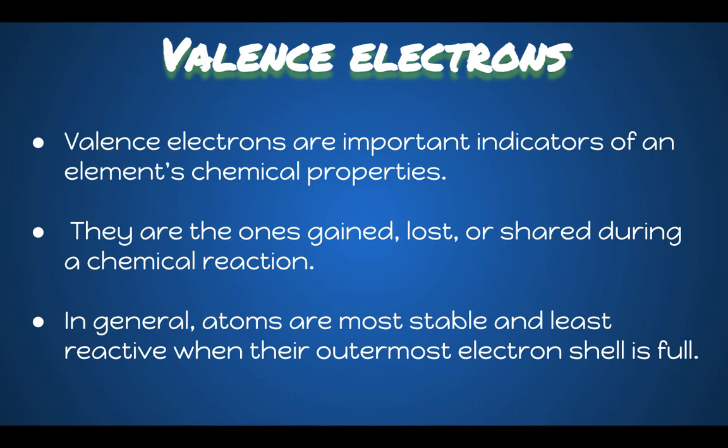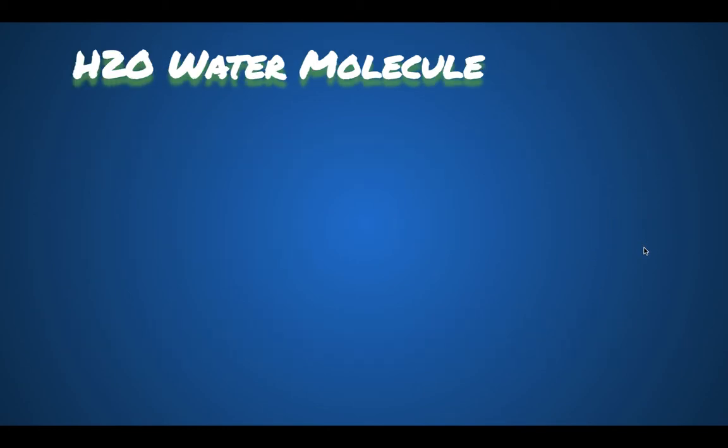So that would mean on the left, the elements on the periodic table are least stable and more reactive, right? Because they do not have a full shell. And then as you continue across, the atoms that are most stable are the ones that are full.